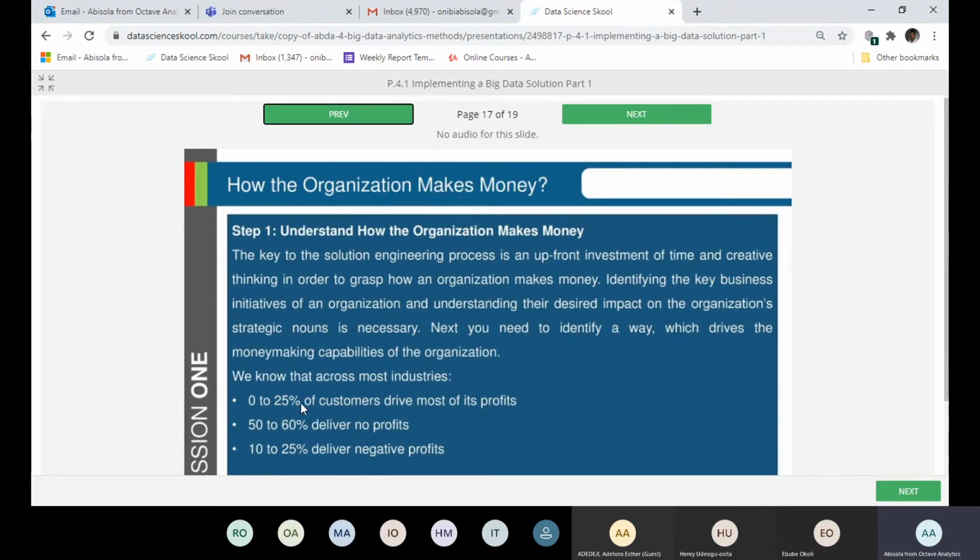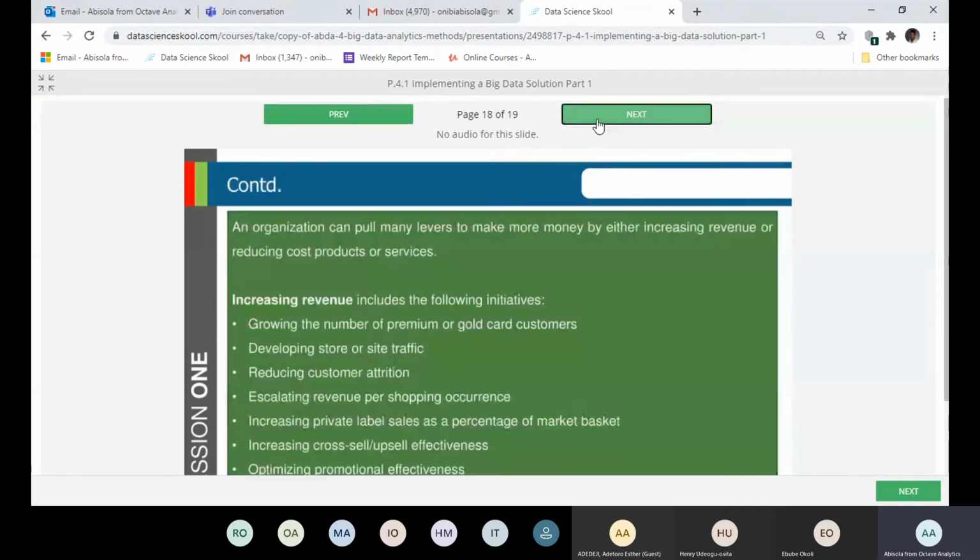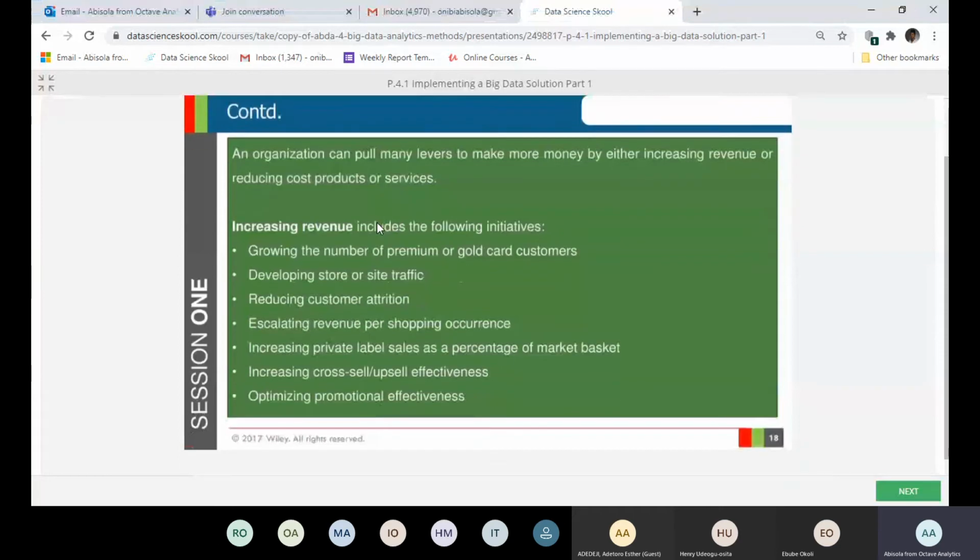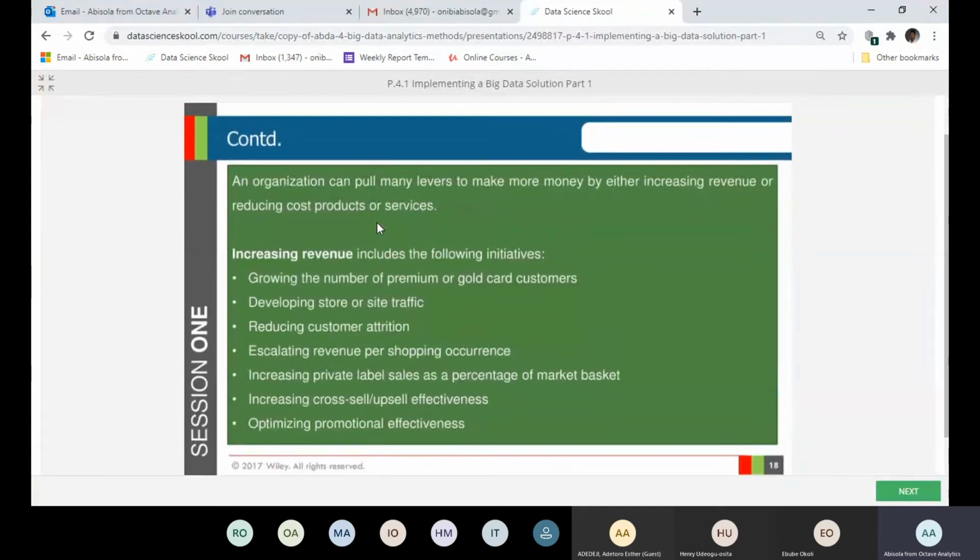Since this happens within most industries, you can check it within that industry. Is it the same thing for this particular industry or not? So that is about customer value. You can do a lot of things to check how the organizations make money and so forth.